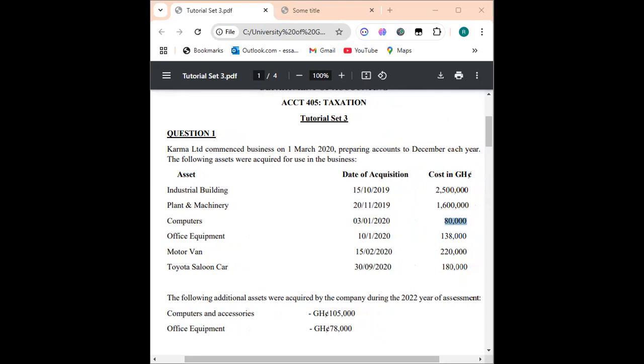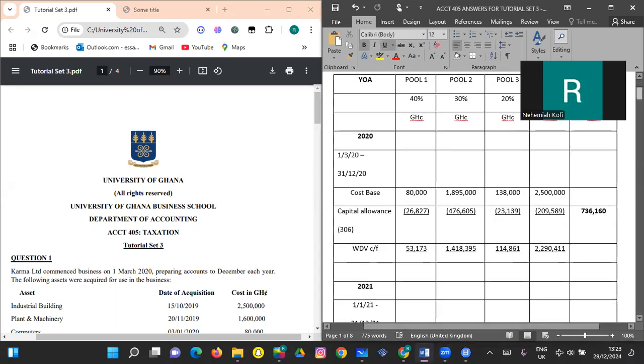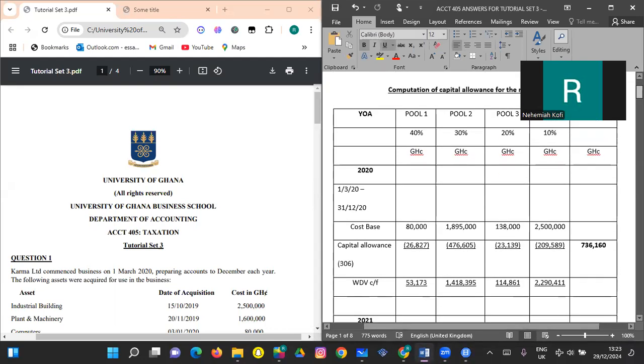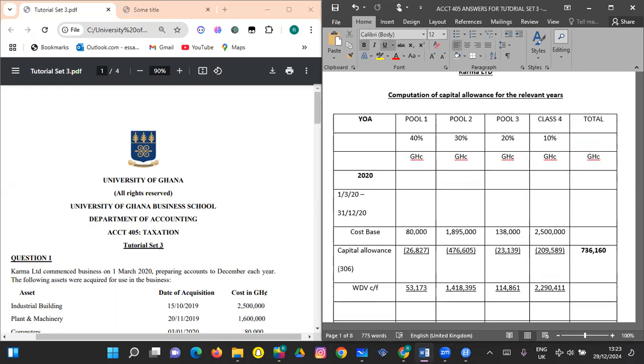Basically, this is the 80,000 here. So pool one has an asset value of 80,000. And that's what we are having here, right?